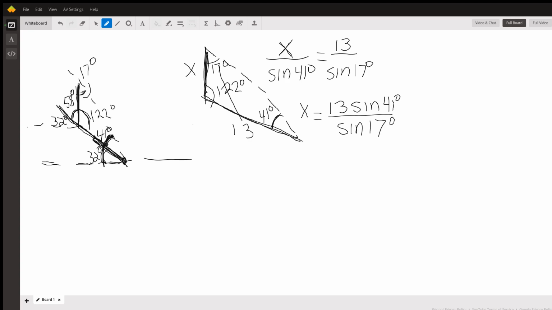I don't know why it takes so long for this calculation, but it's 29.170973, whatever. I don't know how many decimal places. If you're rounding it to a whole number, 29 feet or 29.17 feet. It's approximately 29.17 feet. It's exactly 13 times sine of 41 degrees divided by sine 17 degrees feet.